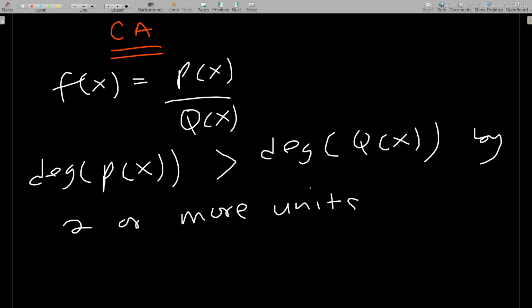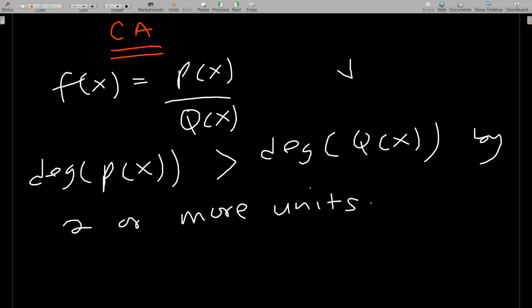So let's say the degree of p of x is 5, and the degree of q of x is 3. Or this can be 10, and this can be 5. If it is greater by 2 or more, then we have a curvilinear asymptote.